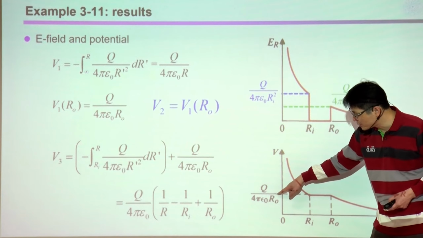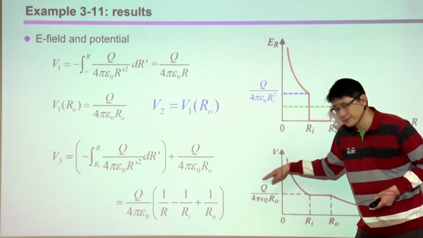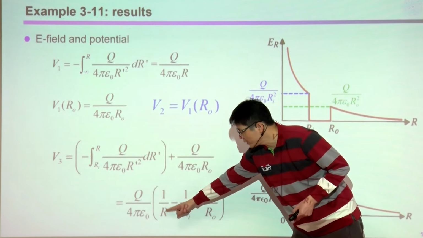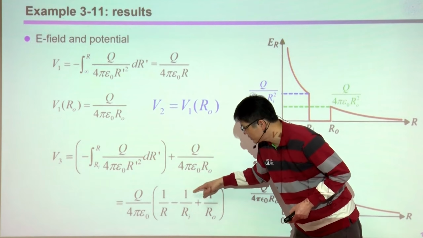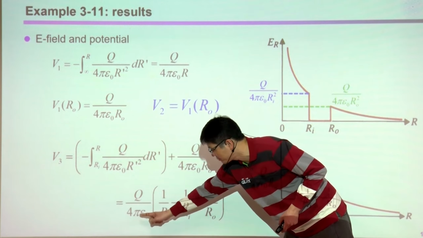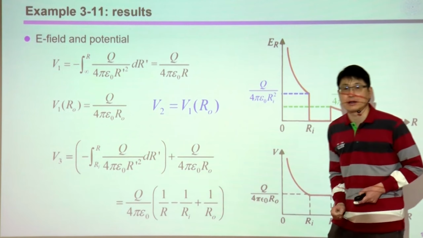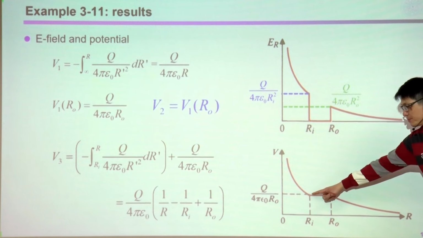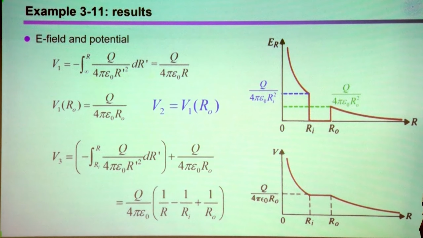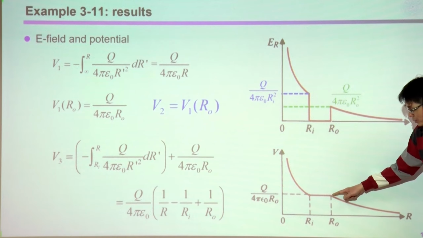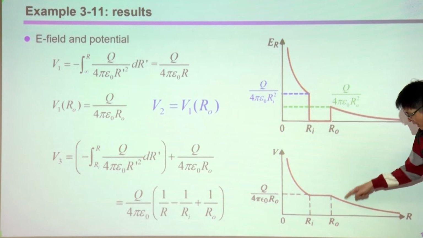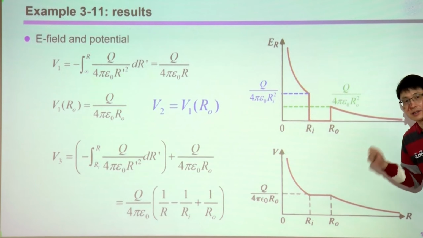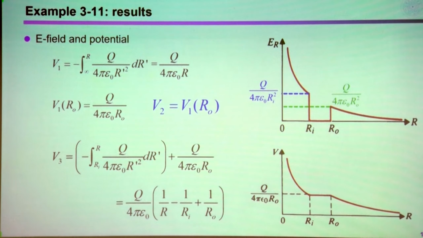It needs to reduce to this result. Okay? So at R equals Ri, these two cancel, so the potential is Q divided by 4 pi epsilon 0 Ro, which makes sense. Right? Which converges to this constant potential. And this potential is equal to the potential of the outer region at Ro. So everything makes sense.